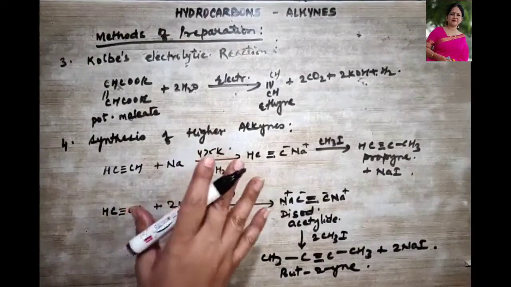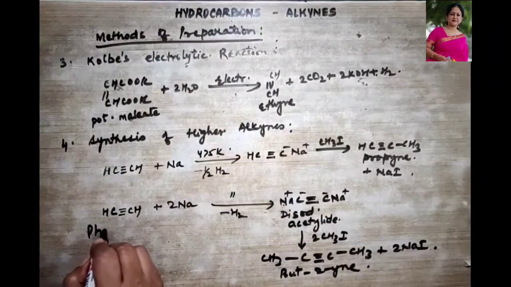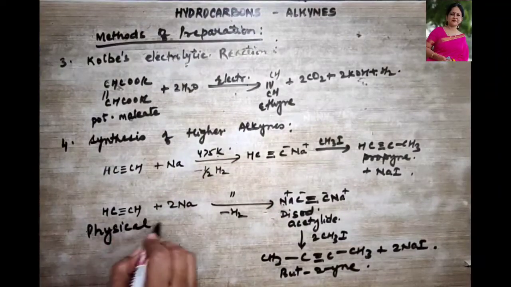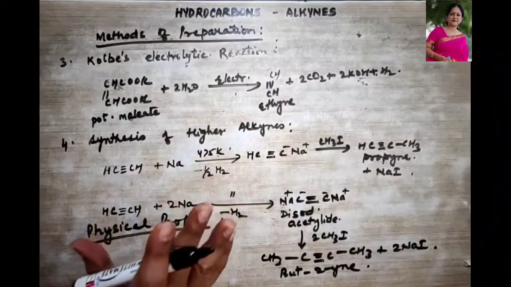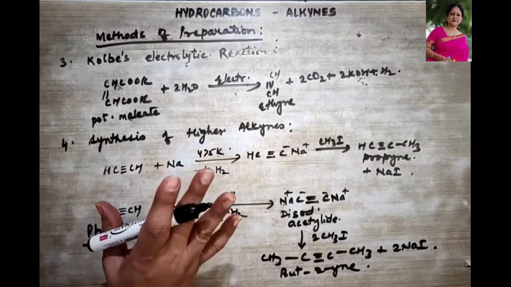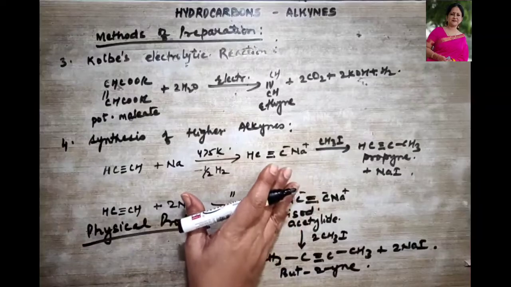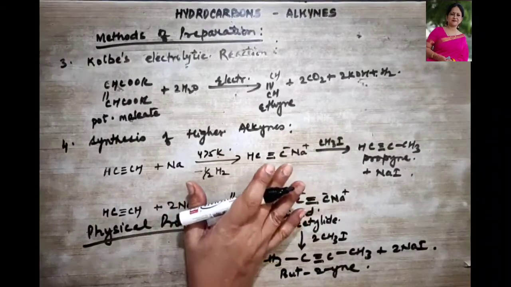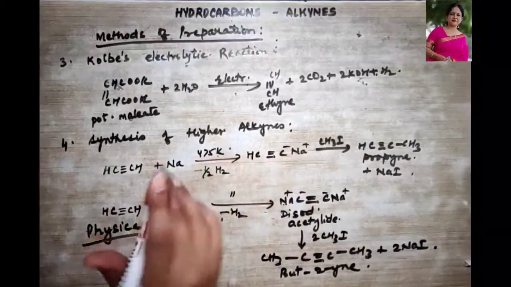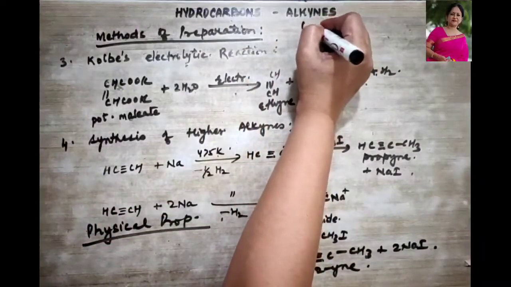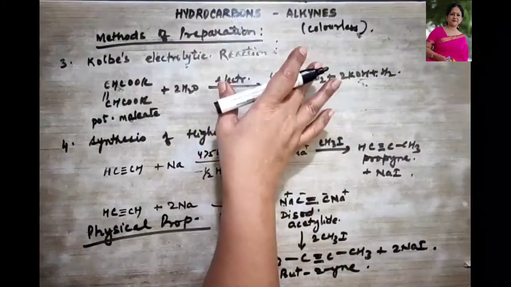So these were some of the methods of preparing alkynes, right? Now let us also talk about the physical properties in this video itself. The first 3 members are gases, the next 8 members are liquids, and the higher ones are always solids. Now all alkynes, remember, are colorless.